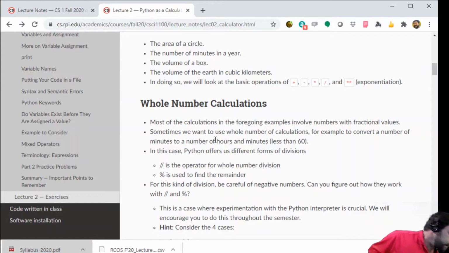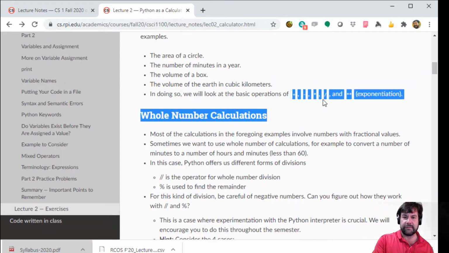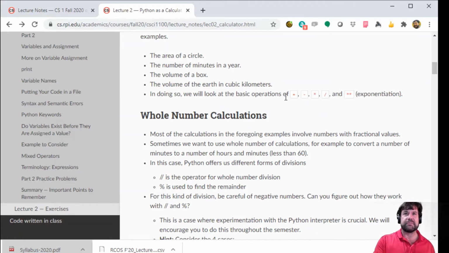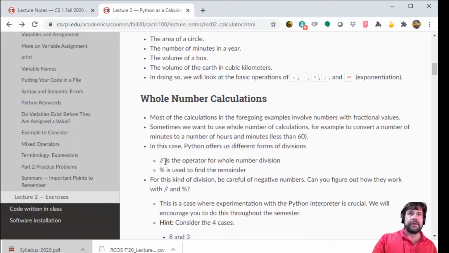And both whole numbers and integers have all of the mathematical operations that you would expect defined on them, right? So we have plus, minus, star, slash, exponentiation. We also have a couple that you may not be familiar with. Double slash is whole number division, and percent is remainder, right?